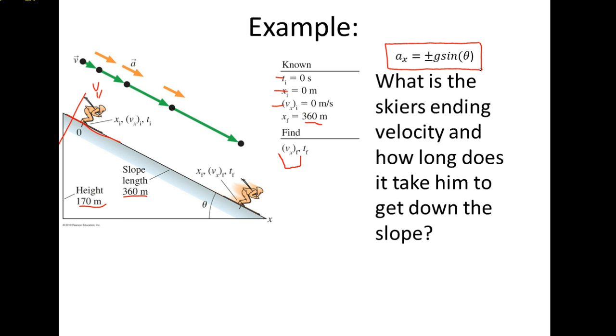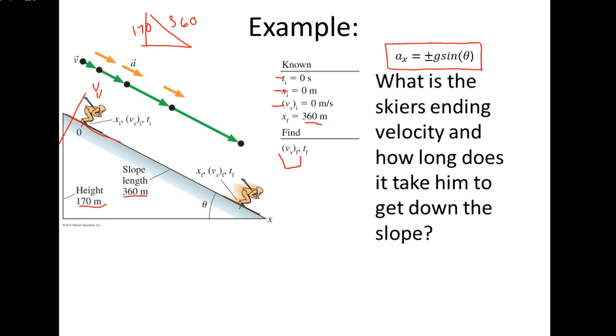But I very quickly run into another problem, which is that I don't know what the angle is. And so for me, it helps to draw out a simplified triangle, right, where I've got 360 and 170, and I say, okay, well, I know two of the sides of the triangle. Can I use a little trig to figure out the rest? And yes, absolutely you can.